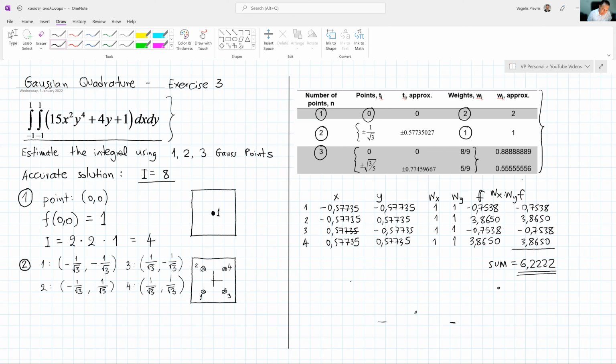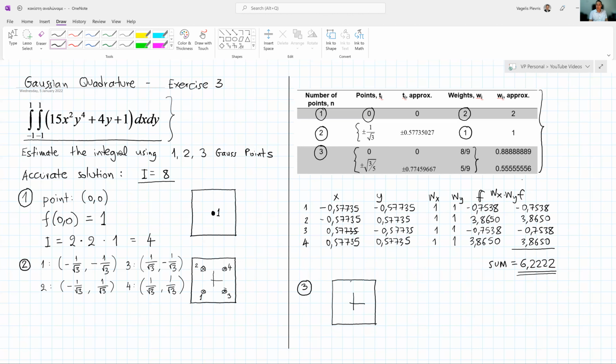Let's go to see this case now. For this case, we have 3 Gauss points per direction. Let's write a 3 here. And again, I will make my region, which is this one. These are the axes.